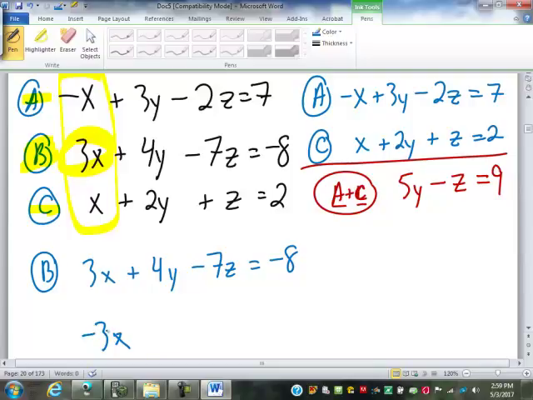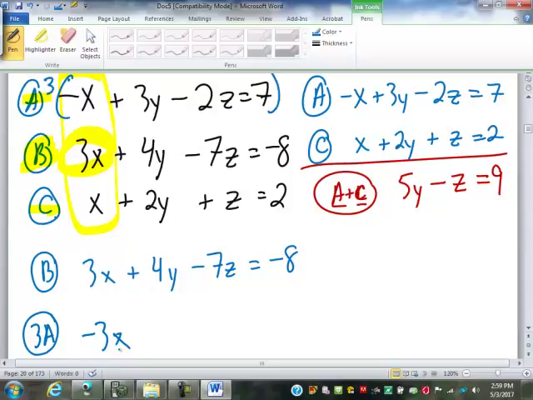Looking up here, I could use equation A times 3 to give me a negative 3x, or equation C times a negative 3. In order to keep it positive, I'm going to do 3 times equation A.